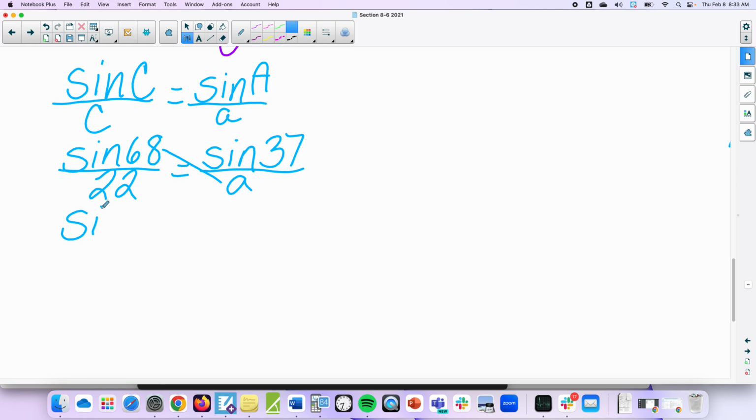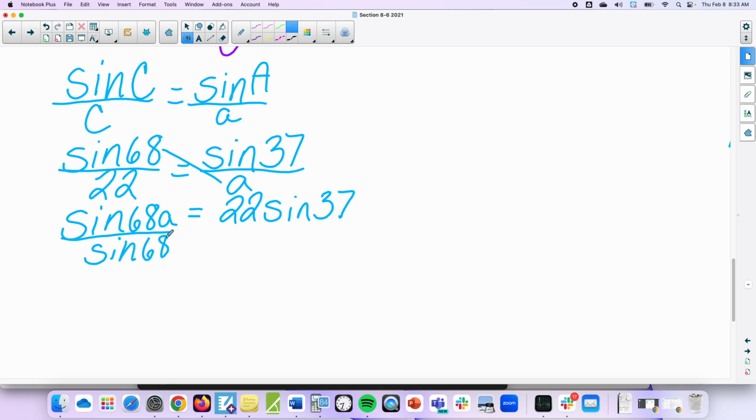So I get sine 68 a equals 22 sine 37. Then this is multiplied, so I'm gonna divide by sine of 68. And then little a, if I type that in, remember to hit enter after the sine of 37.